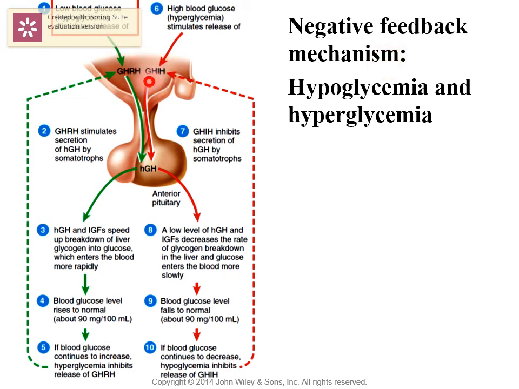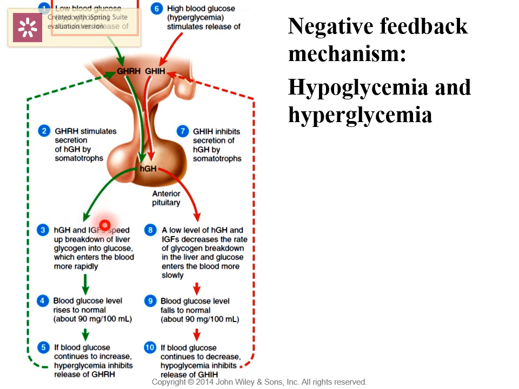So growth hormone has a great effect on metabolism and the glucose levels in the body because it has a glucose sparing effect, right? So when we have hypoglycemia, hypo means low sugar or low glucose in the body. The hypothalamus releases growth hormone releasing hormone that stimulates the anterior pituitary to release human growth hormone.